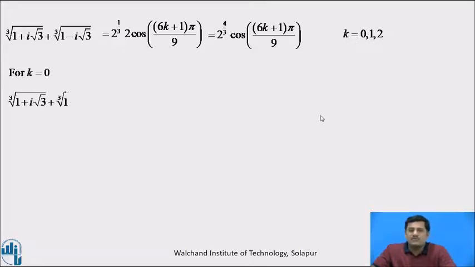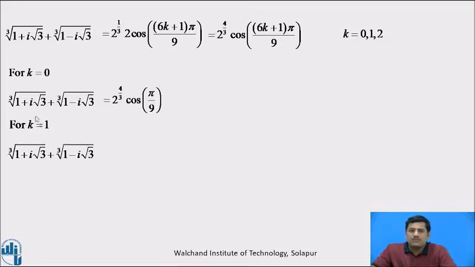For k equal to 0, the first value of this complex number is 2 raised to 4 by 3 into cos of pi by 9. For k equal to 1, if we put k equal to 1 here, it is 6 into 1 plus 1 is 7.